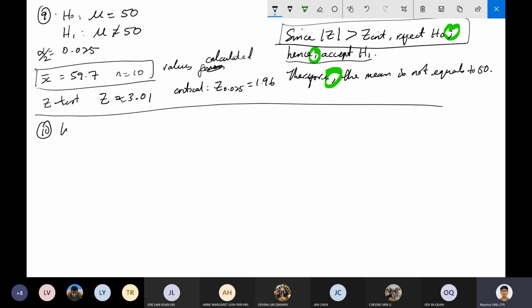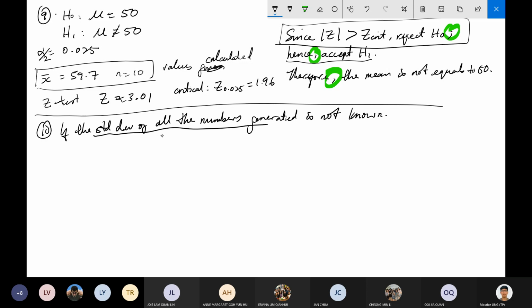The idea is, if the standard deviation of all the numbers generated is not known. Standard deviation of all the numbers is actually equivalent to the population standard deviation. So if the population standard deviation is not known, do you use t-test or z-test?